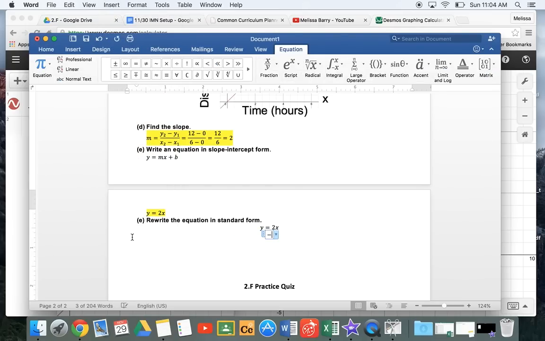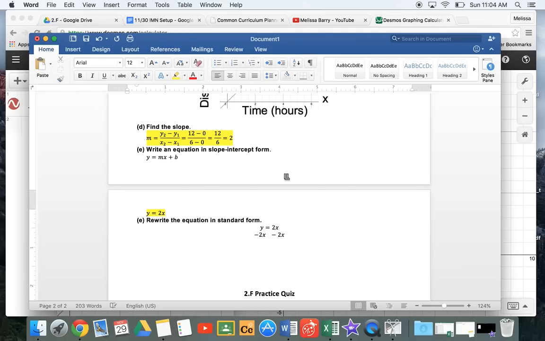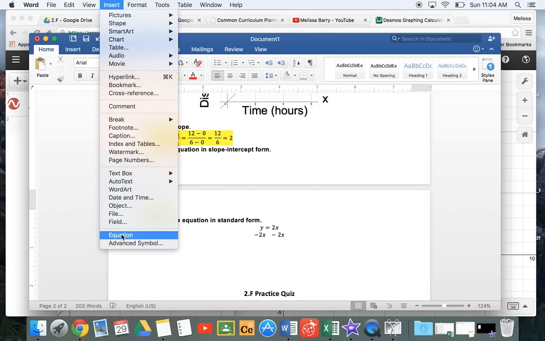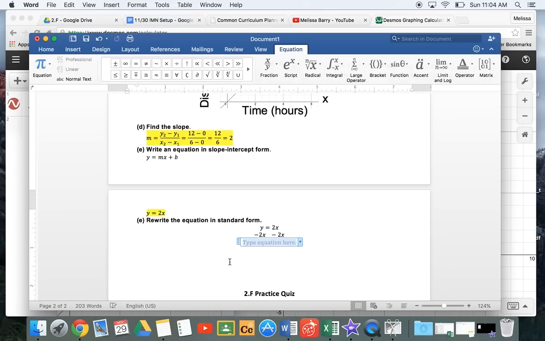Put minus 2x on both sides. And that leaves me with negative 2x plus y equals 0. Because remember, we really had a plus 0 over here that we weren't writing.